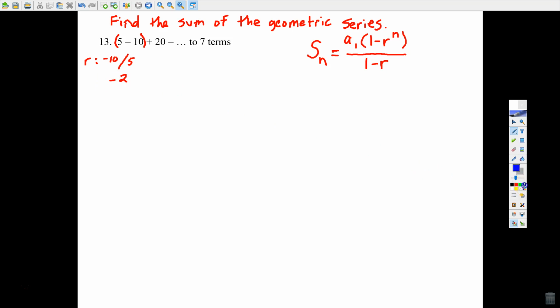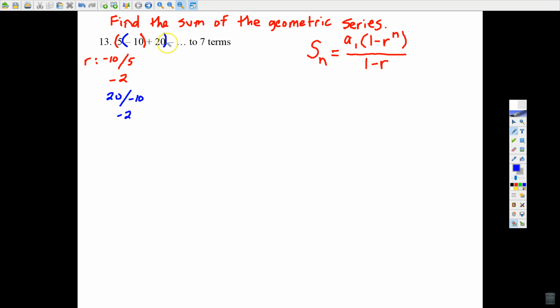And if you want good assurance that you've done the right thing, do that again. Just slide down by one term and put the next 2 in a group. So here I have -10 and +20 in my blue parentheses, and doing this same easy division problem, take the second of those 2 numbers, 20, and divide by the one in front of it, which is -10. And that's what the common ratio means.